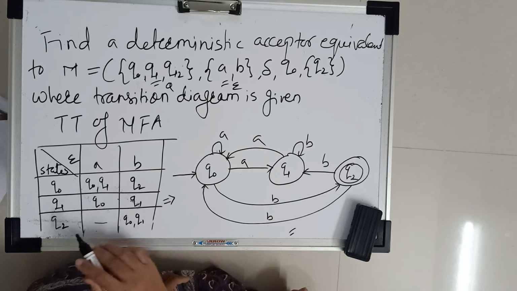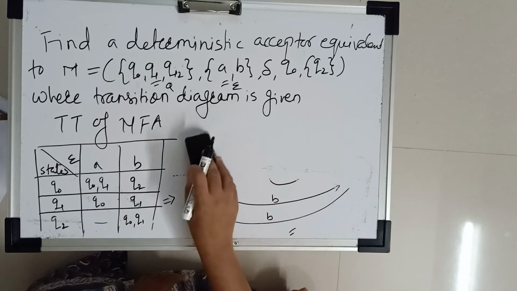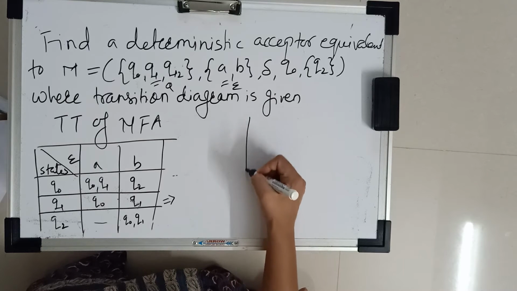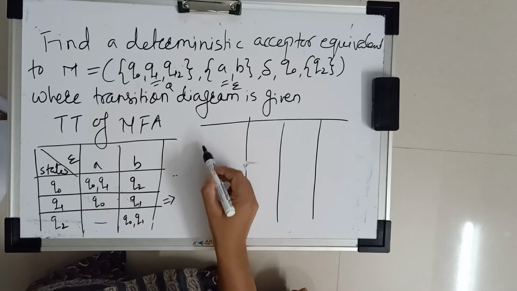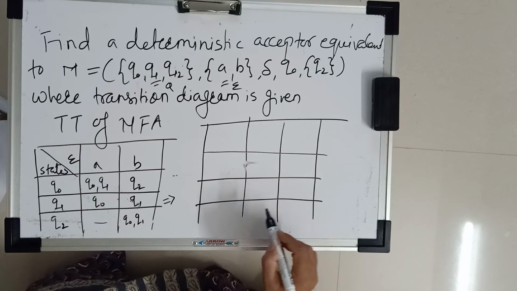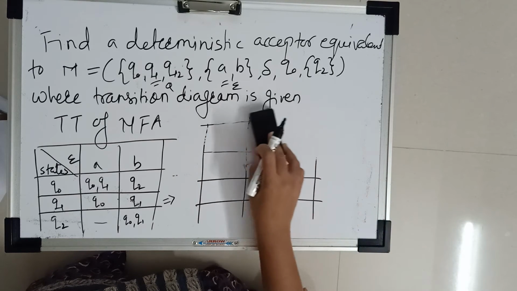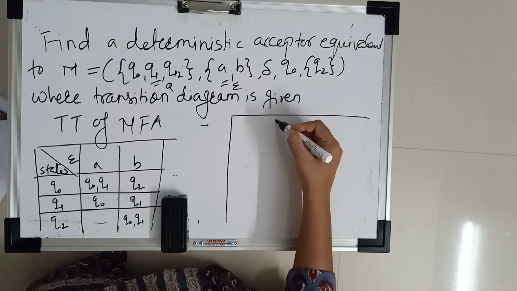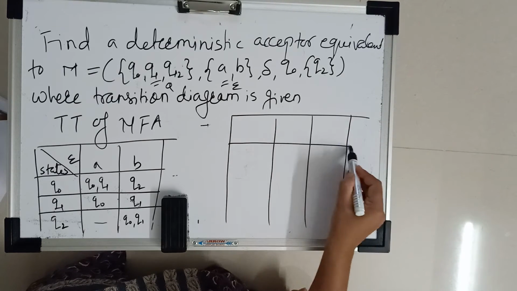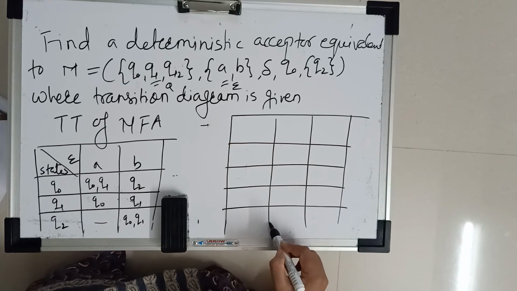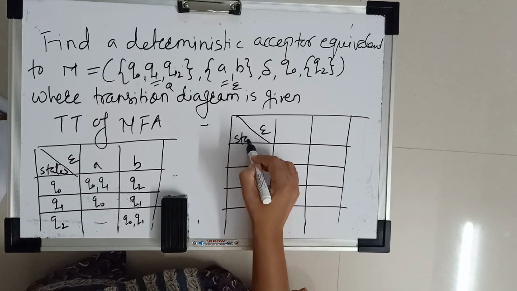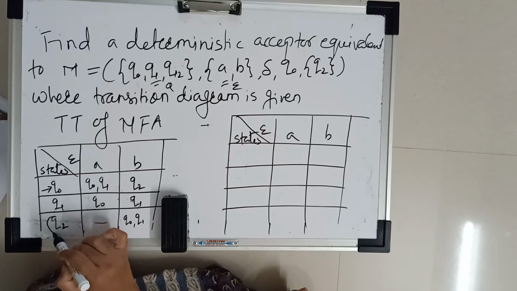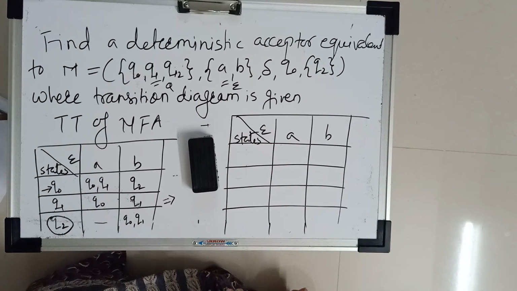Then we need to convert this transition table into a DFA. We can start from Q0 as the initial state, and Q2 is the final state, so we can make a circle for Q2 as the final state.